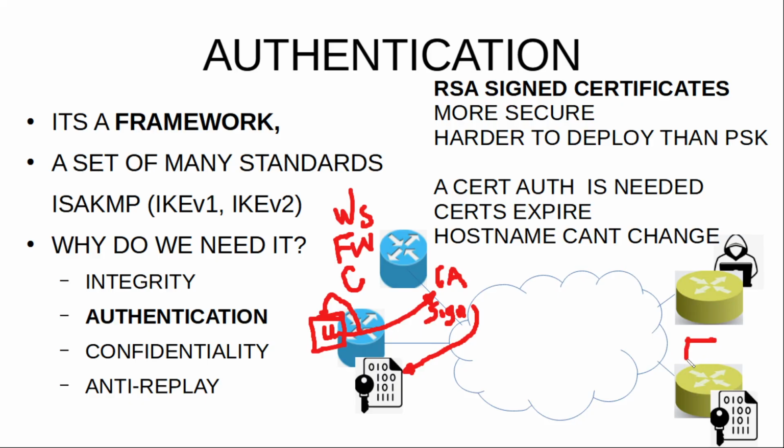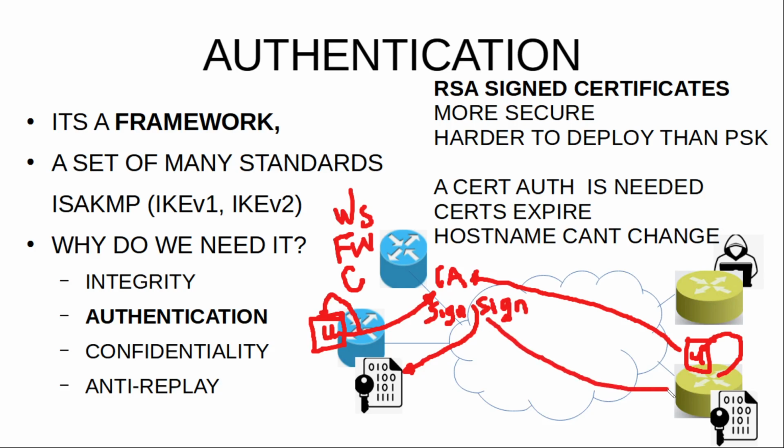You are going to create an unsigned certificate. This unsigned certificate is going to borrow some information from this particular device, for instance, the host name or the IP address. You are going to take this unsigned certificate to your certificate authority. The certificate authority is going to sign it, and then you're going to take back this signed certificate to your device and install it.